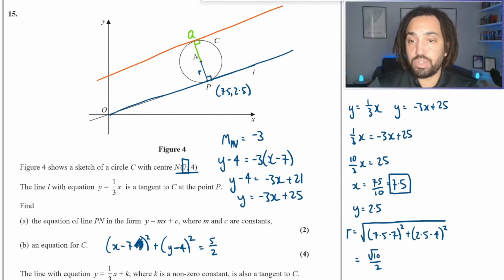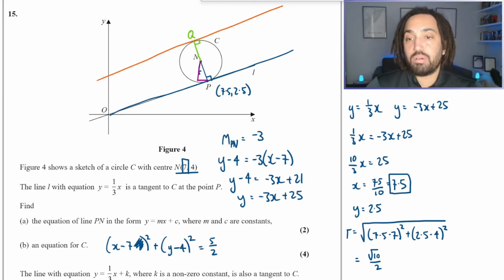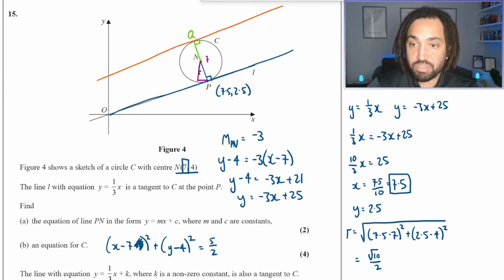Okay, so to get to Q, I'm going to do a stepping stone type method. So I'm going to get a different colour, and I'm going to go, well, how do I get from P to the centre? Well, I know the centre is at 7, 4, so I have to take away 0.5, and then I have to go up 1.5.